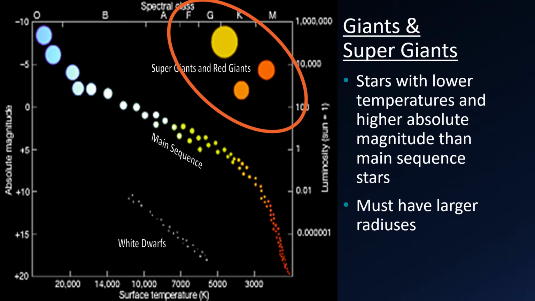Even though their fusion rates are consistent, they've expanded, and so it's kind of like having a heater in a small room and then taking that same heater to a gymnasium. It's going to be able to heat a small room very easily, but a gymnasium, not so much. So stars of lower temperatures and higher absolute magnitudes than main sequence stars. They've gotten bigger, they're easier to see, and they're going to have large radiuses.